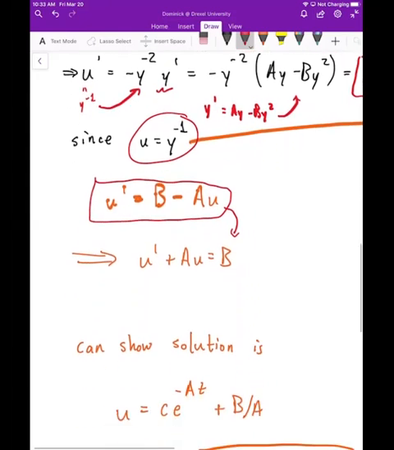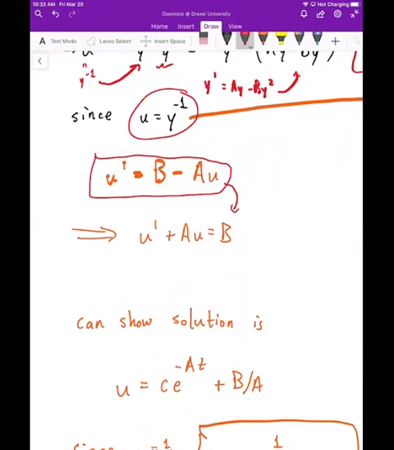And you can eventually show that the solution, and you should try to verify it on your own, is given by this. And of course, that's the general solution because we don't know an initial condition, at least in this case. So this is a general solution of the logistic equation.